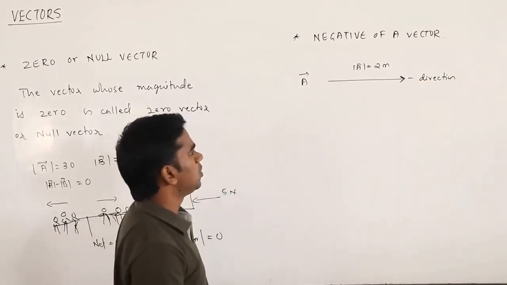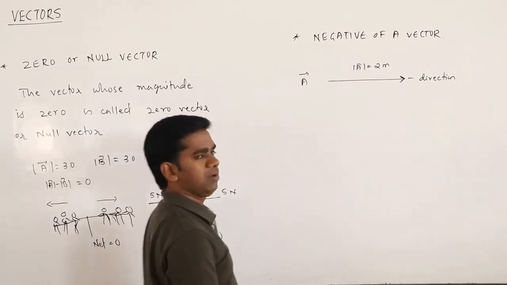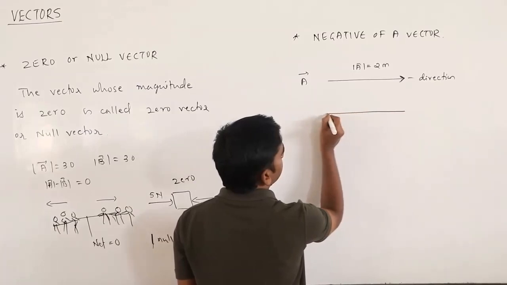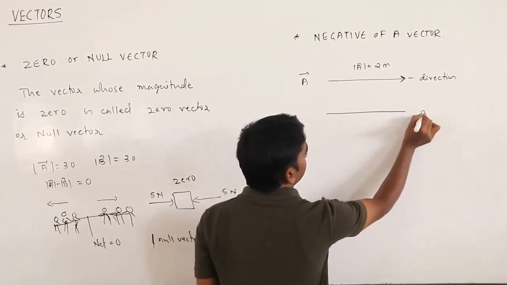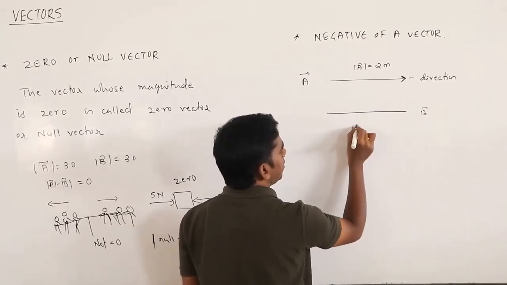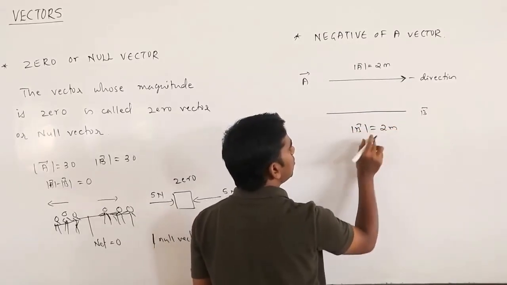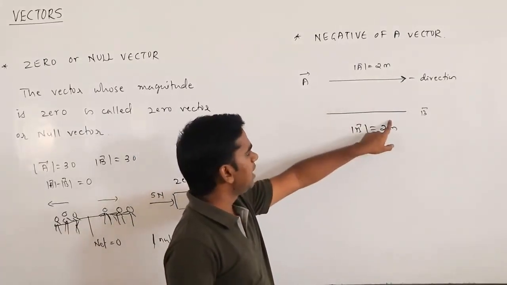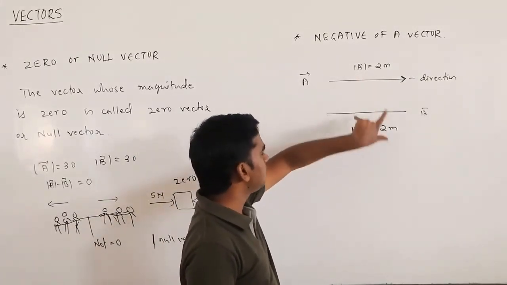If I draw one more vector here, vector B, it has the same magnitude. Vector B's magnitude is also 2 meters, and vector A is also 2 meters. I am taking A as a reference and measuring its length, so I take the same length.